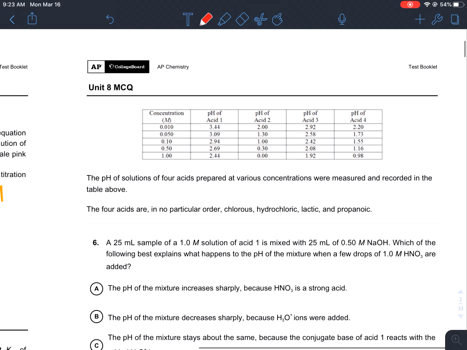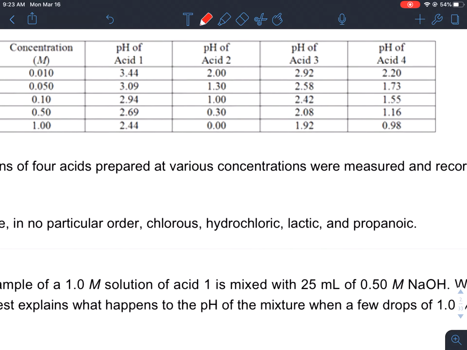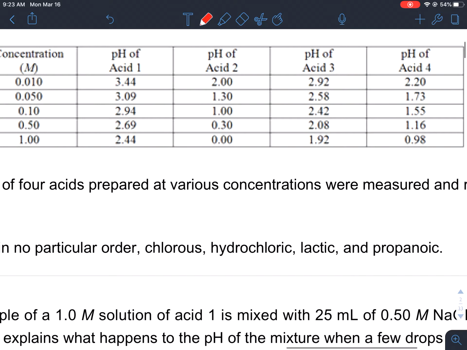All right, let's go to number 6. Okay, this was super interesting. Before you even start, look at the pHs of these 4 acids. You have acid 1, 2, 3, and 4, and you're going to notice a number that is the most glaring number in this whole group. I would say that 0.